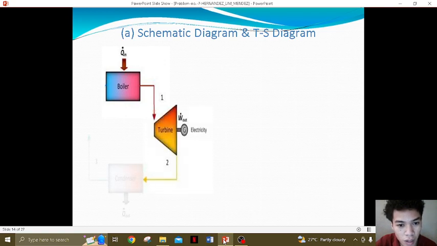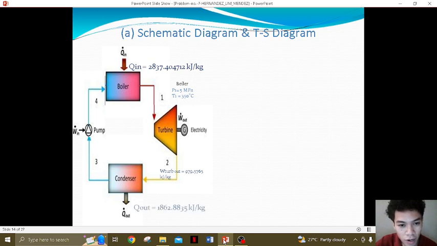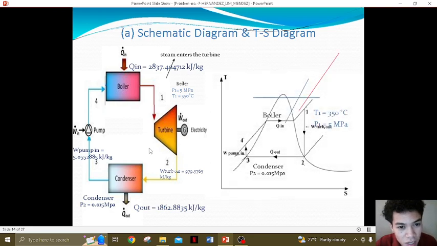So in here you have your schematic diagram with the answers, and you have the Q in, which is the heat going in, 2837.404712 kilojoule per kilogram, and your work turbine going out is 979.5765 kilojoule per kilogram, and heat going out here is 1862.8835 kilojoule per kilogram, and your condenser pressure of 0.015 megapascal.